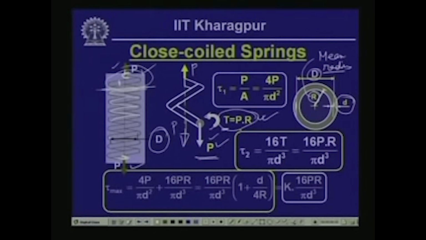A solid circular section subjected to a twisting moment T gives a shearing stress. So, the circular wire subjected to shearing force P produces a direct shear stress, and because of the twisting moment you have a shearing stress component which is a function of the twisting moment.